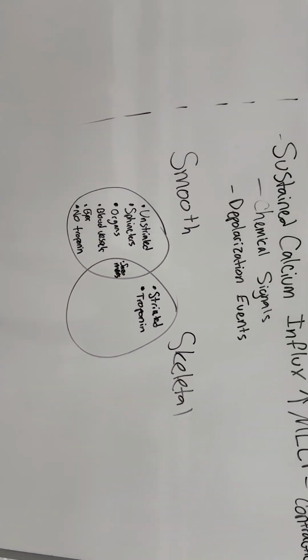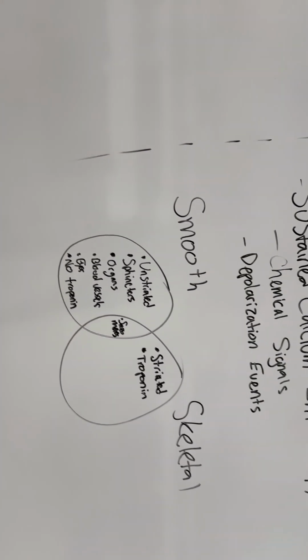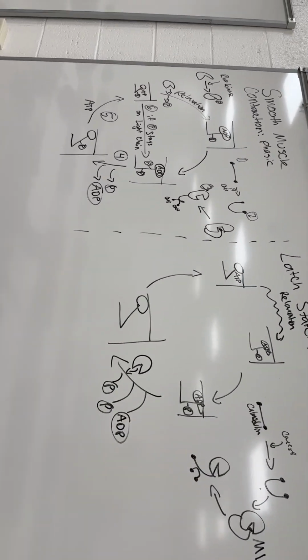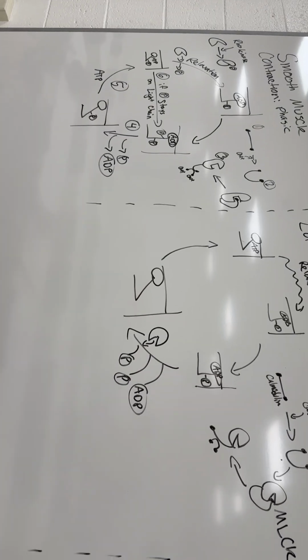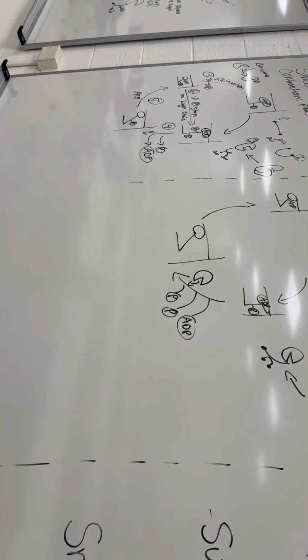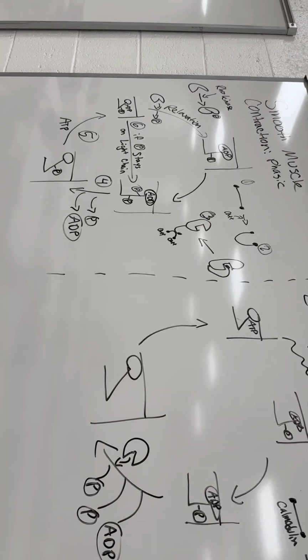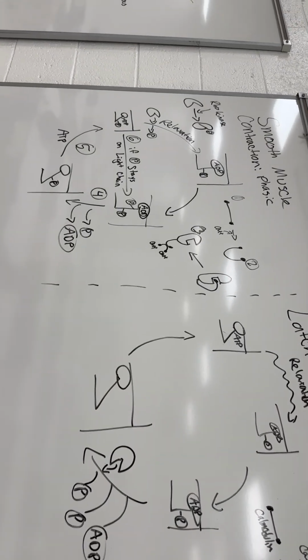So then our comparison of smooth and skeletal muscle. One more thing: our phasic contraction is good for our GI system, right? We don't want that to stay in a latch state. We don't want that to contract forever, because then we'd get really nauseous and probably just vomit up everything that we ate.